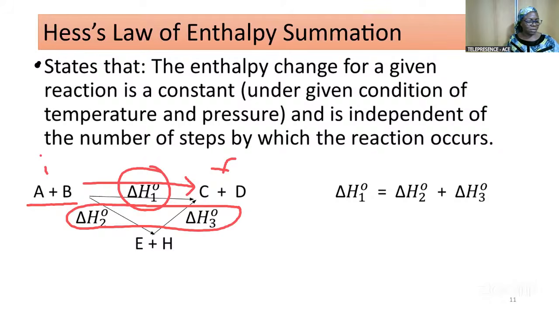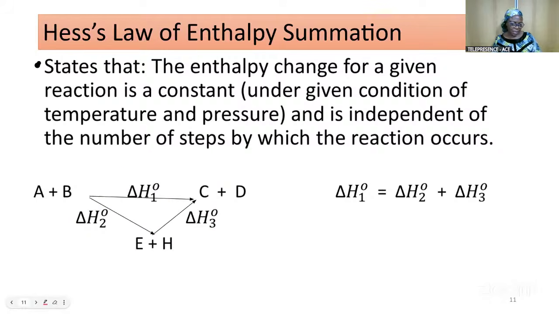So if you look at this example again, reactants A and B are involved in a reaction, and C and D will be their final state, that is the product.